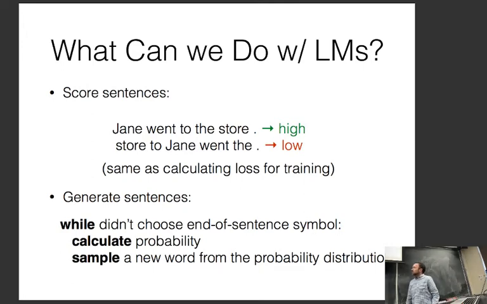Another thing that we can do is we can generate sentences. In order to test qualitatively whether these language models are doing a good job at modeling language, we can generate a whole bunch of sentences from them and see if they look like natural English. So in order to do this, while we didn't choose the end of sentence symbol, while we're not done generating the sentence, we calculate the probability.